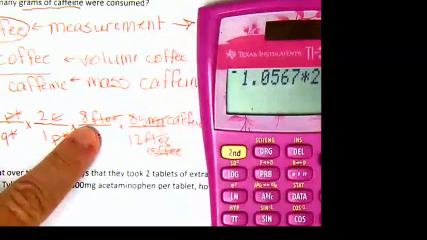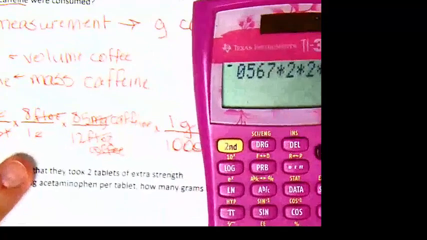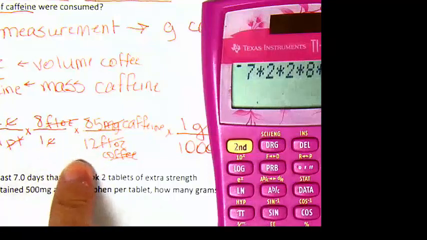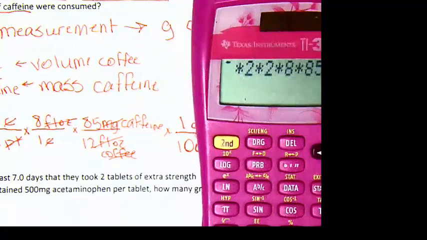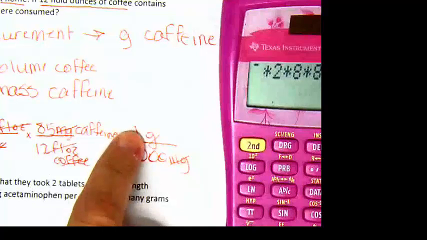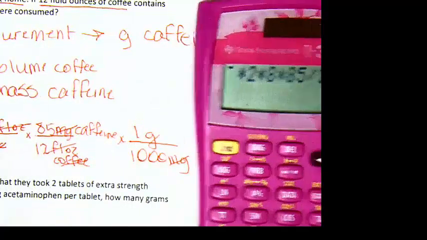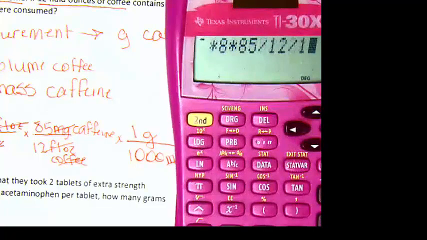And then next there's an 8, and that's on top, so it's times 8. And then next there's an 85 on top, so it's times 85. And in the denominator there's a 12, so I'm going to divide by 12. And then the next conversion factor, there's a 1 on top and 1,000 on the bottom, so I'm going to divide by 1,000.